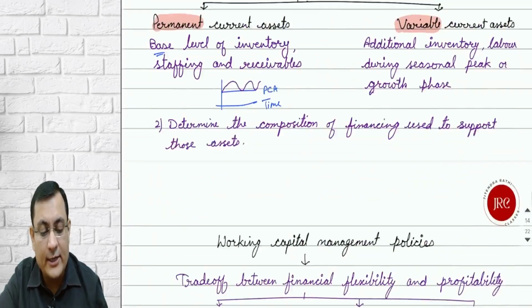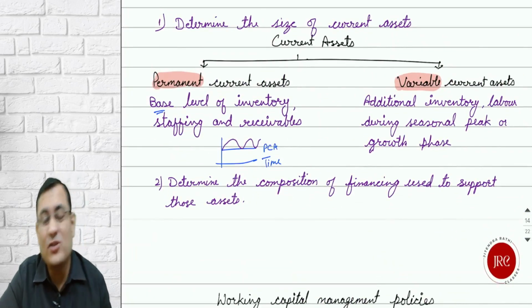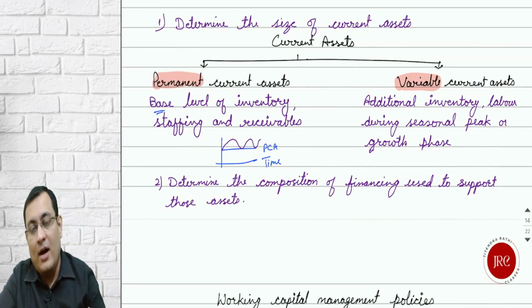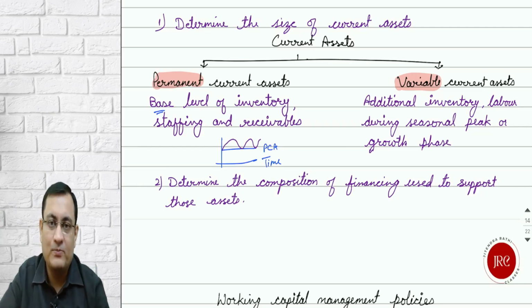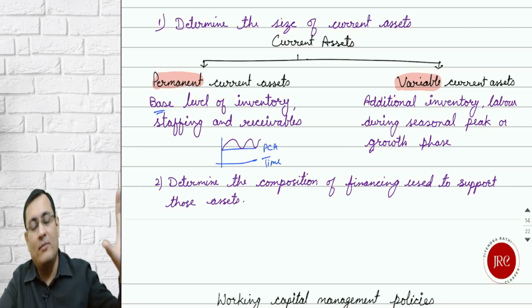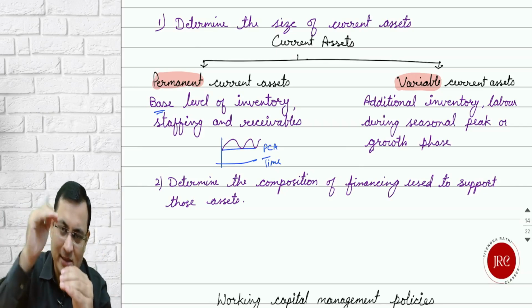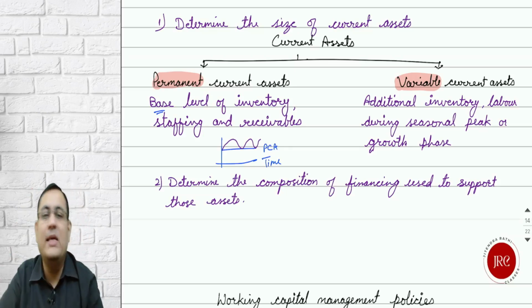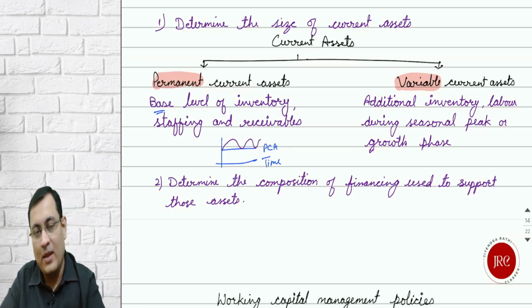We have already discussed two types of current assets. Permanent current assets, which, though they are current assets, will always stay in the business. Plant and machinery has a long-term life, and the same characteristic is followed by these permanent current assets, because that level of inventory will always be rolled over.